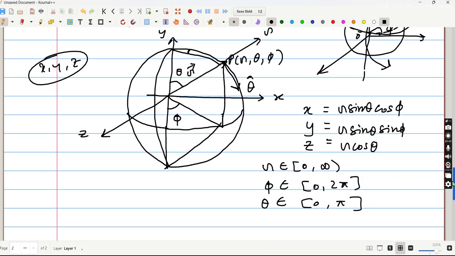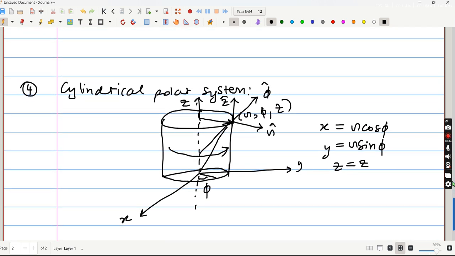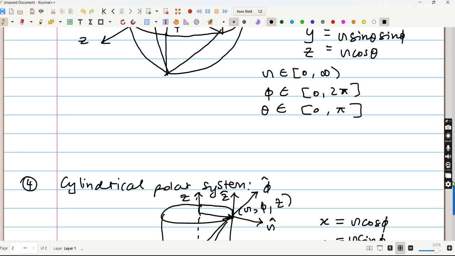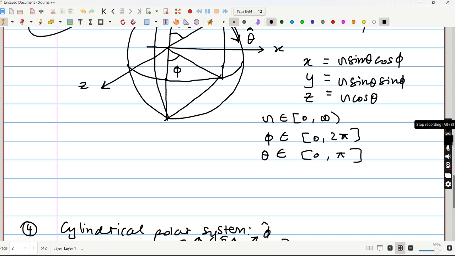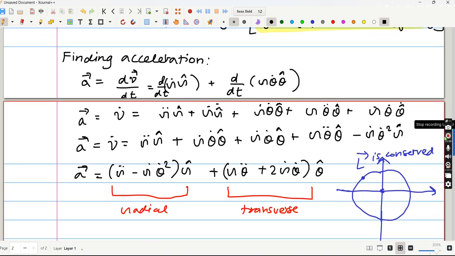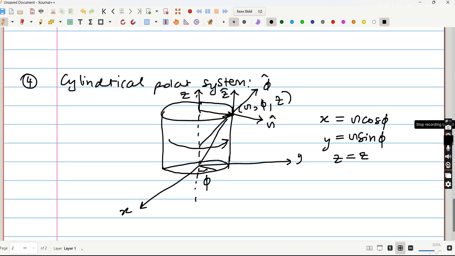And again, you can represent velocity and acceleration in all these systems, but the derivation is quite long because you're dealing with three variables here. Over there, you're only dealing with two variables, and itself it was quite a derivation. And again, I can define the limits. R goes from zero to infinity. Phi goes from 0 to 2 pi.